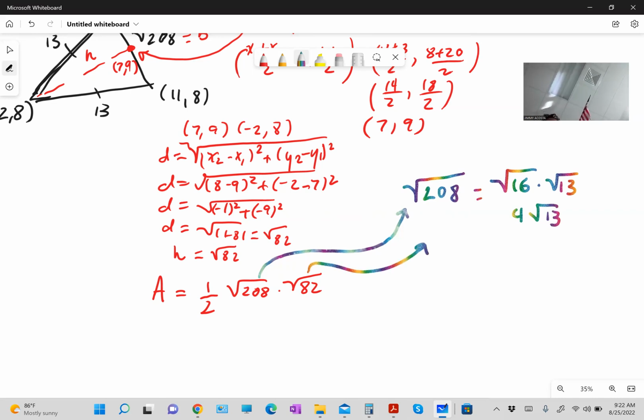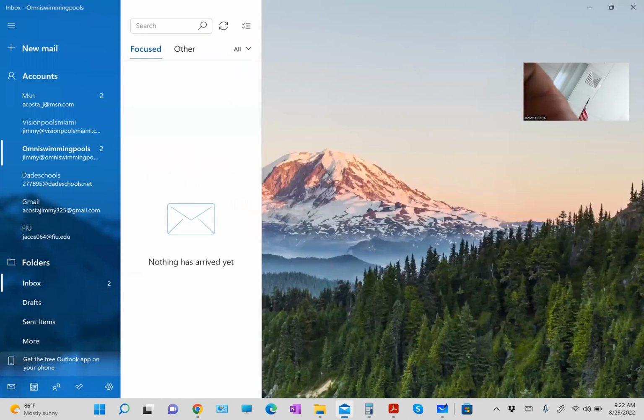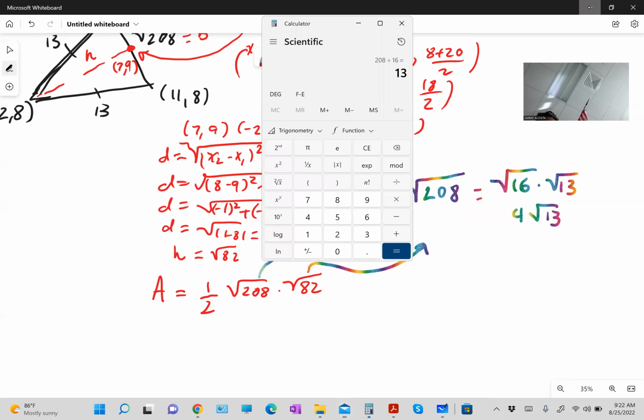Now 82, I feel like I can do something with. I'm not sure, but I'm going to try. I'm going to get my calculator. If I divide 82 by 4, I don't think it's going to work. By 6, no. 8 doesn't work.